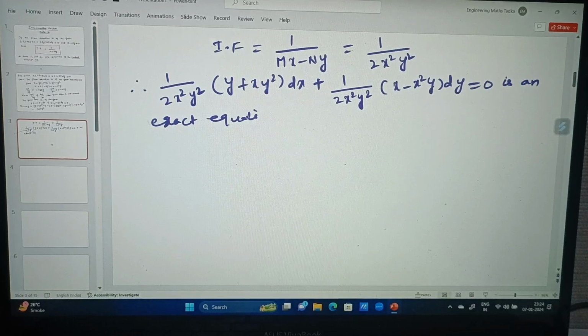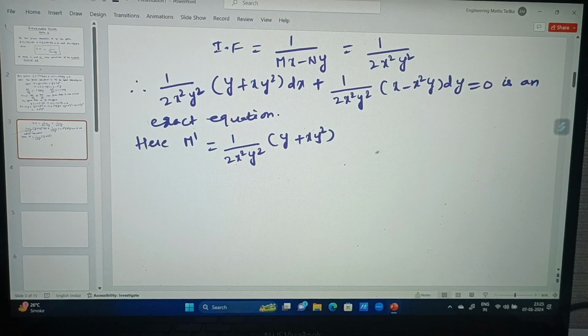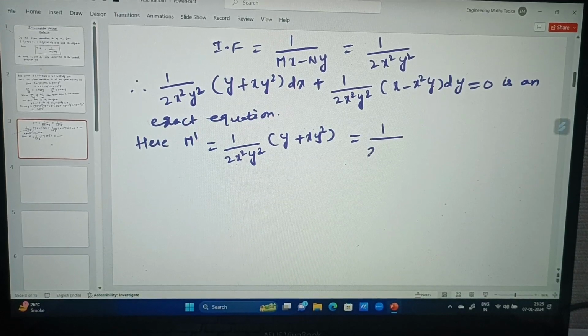Okay? Then the new functions, we are going to denote it by M dash and N dash. What is M dash? 1 by 2x square y square into y plus xy square. इसको सिंप्लीफाई करने के बाद आपको क्या वैल्यू मिलेगी? 1 by 2x square y plus 1 upon 2x.